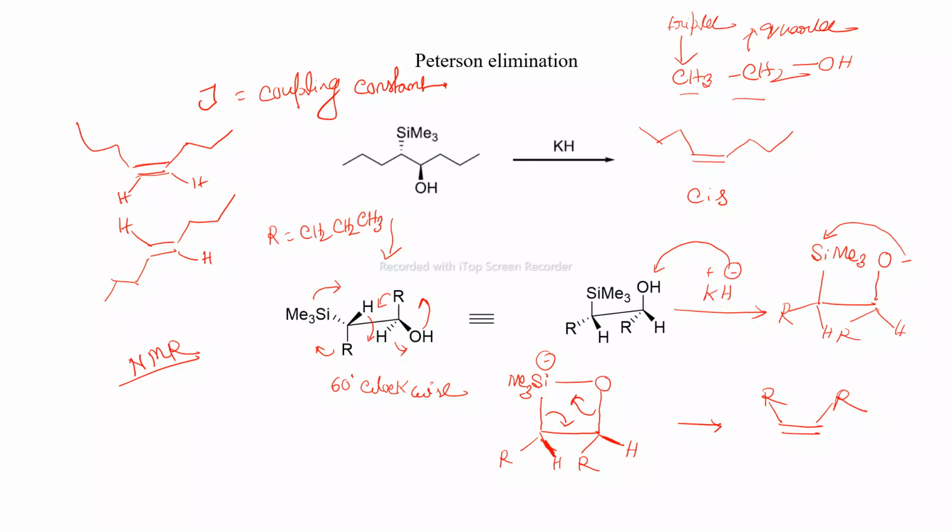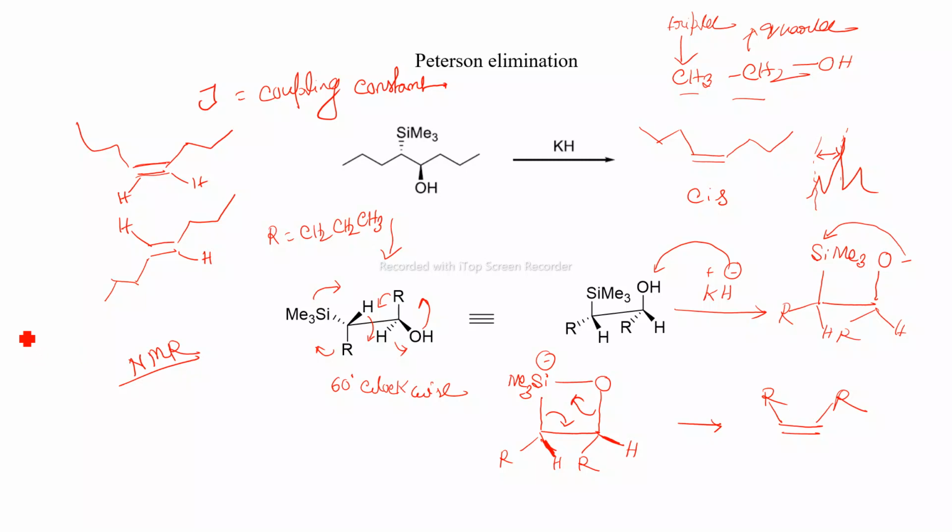The triplet is 1 is to 2 is to 1, and the gap between these peaks is called the coupling constant. The significance is how much they are talking. If the coupling constant is high, that means they are talking very much.